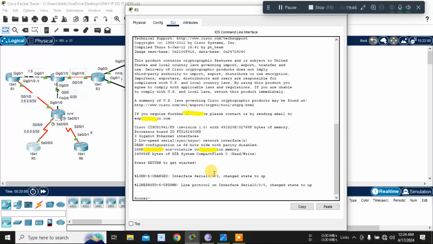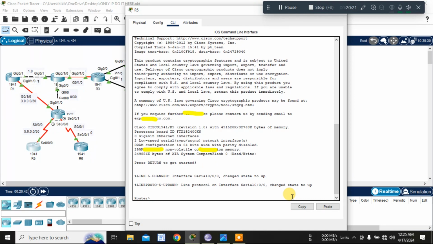Remember that either I can provide all as I have done in router number 1 and router number 4, or I can use the same trick: IP 0.0.0.0 and subnet mask 0.0.0.0, and provide only one interface via which the routing will be done, or I can provide all the paths.